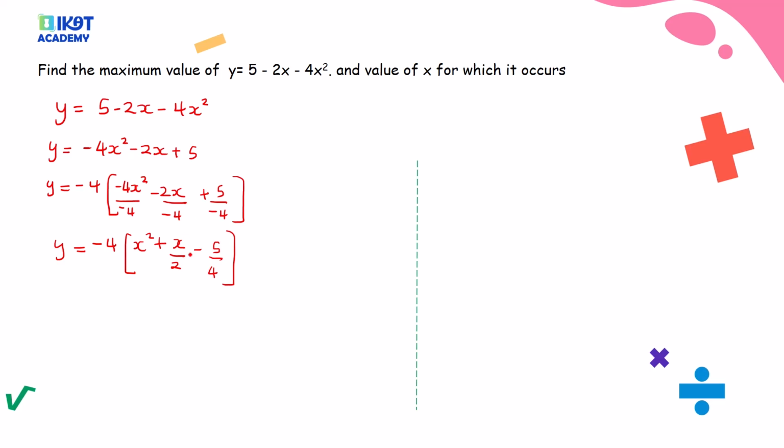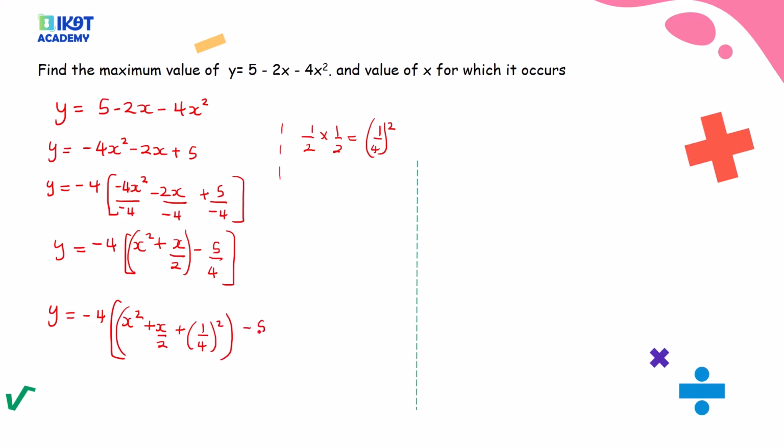Now from the bracket here, we pick the coefficient of the x, which is a half, multiplied by a half, we get a quarter, we square it. So we now have y is equal to negative 4 into x squared plus x out of 2 plus this, we put a bigger bracket, then now we subtract it such that our equation remains unchanged.